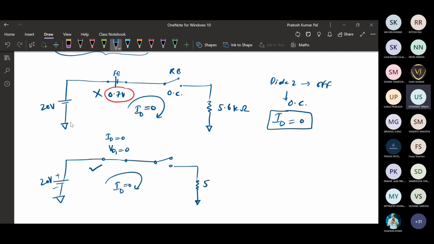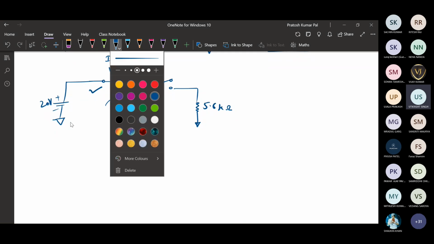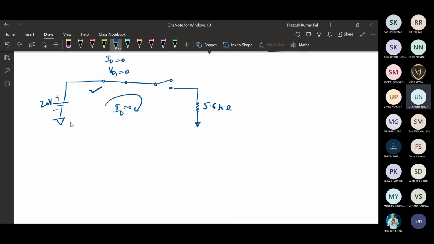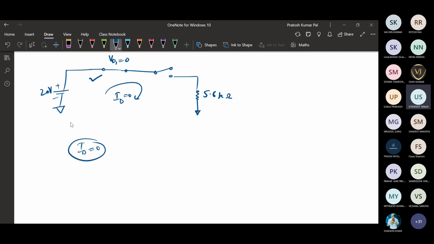Here this is 5.6 kilo. Once this is the correct expression, from there we can find that ID is 0. Once ID is 0, we can find the voltage across this, VD2, by using KVL.